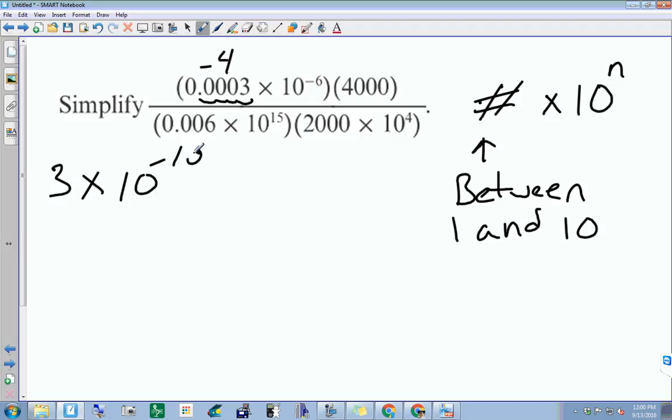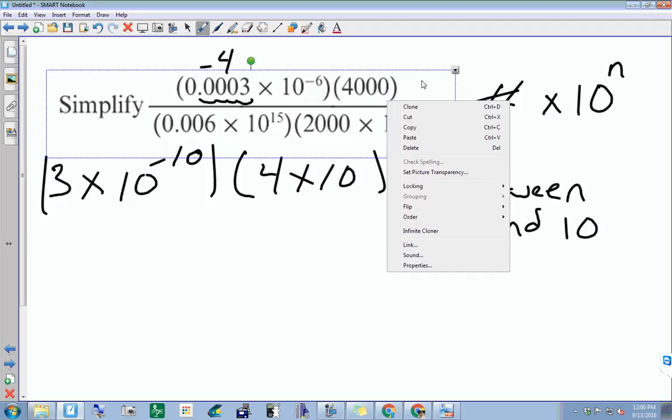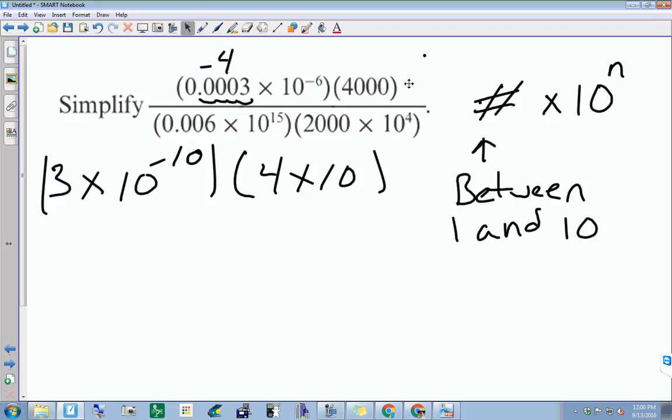Okay. That's one of them. 4 times 10 to the what? Decimal point being back here, we end up with 1, 2, 3.